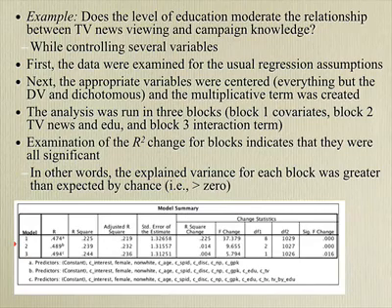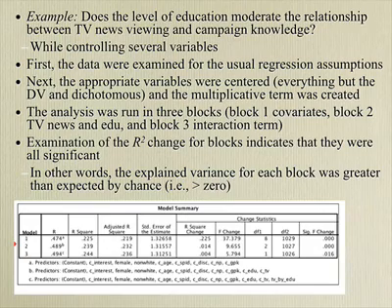Large, yeah, that would be a large effect for sure. And then in the second block, I added education and television, again both centered as well. The R-squared change, those two variables explained 1.4% of the variability of our dependent variable.